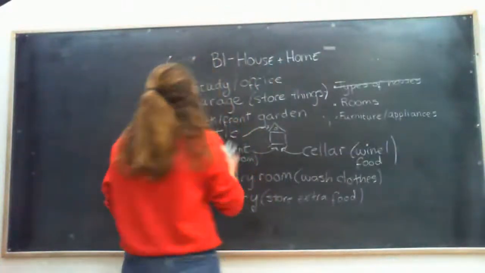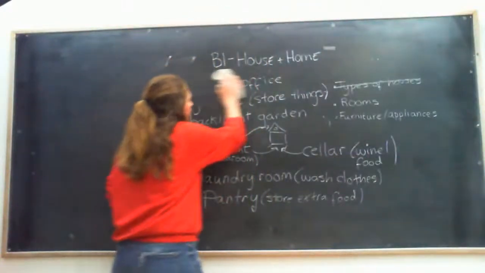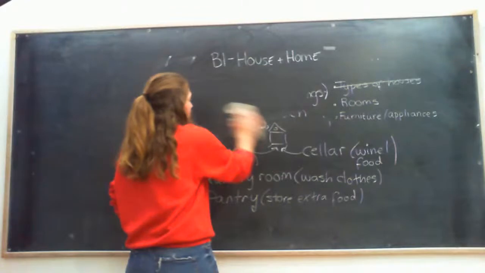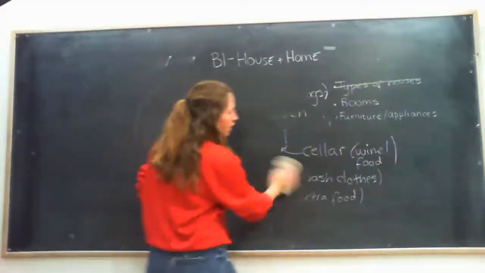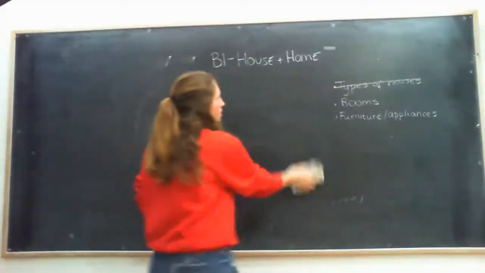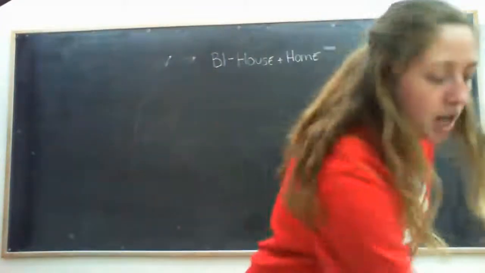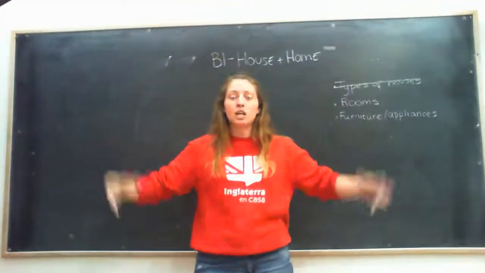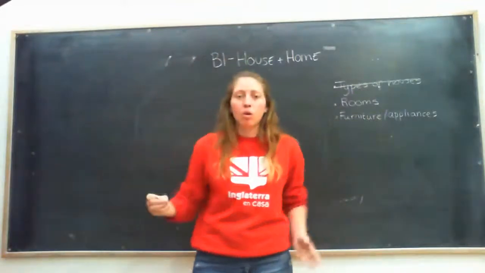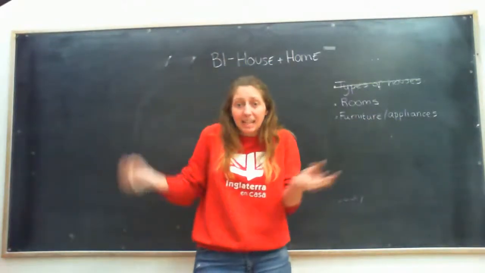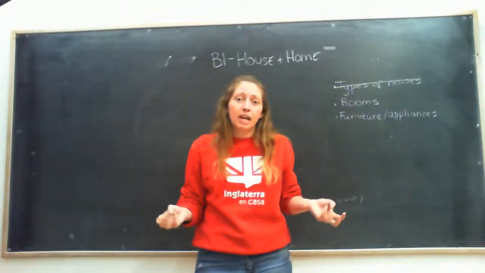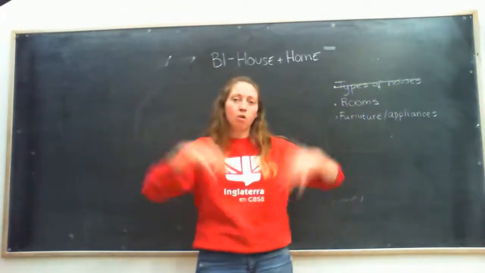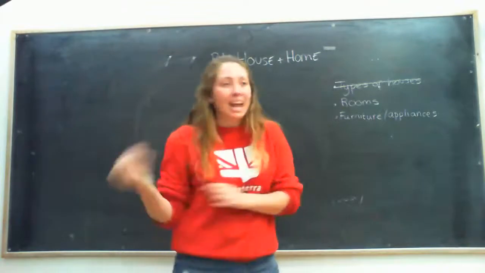Now, we're going to have a quick look at some basic furniture vocabulary. So as I explained, furniture are the objects in your house. Furniture means sofa or table, or when you go to IKEA, IKEA is a furniture shop. Yeah, so that's what you are buying for your house.